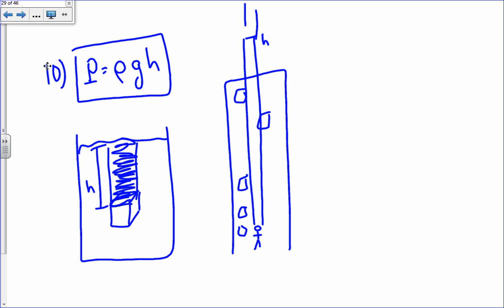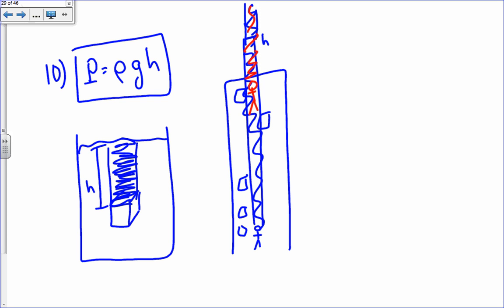It goes all the way up to space, and it's filled with air. But as I go up in the building, I decrease the height of that column, so that I only have this material sitting on top of my head. So that pressure has decreased.